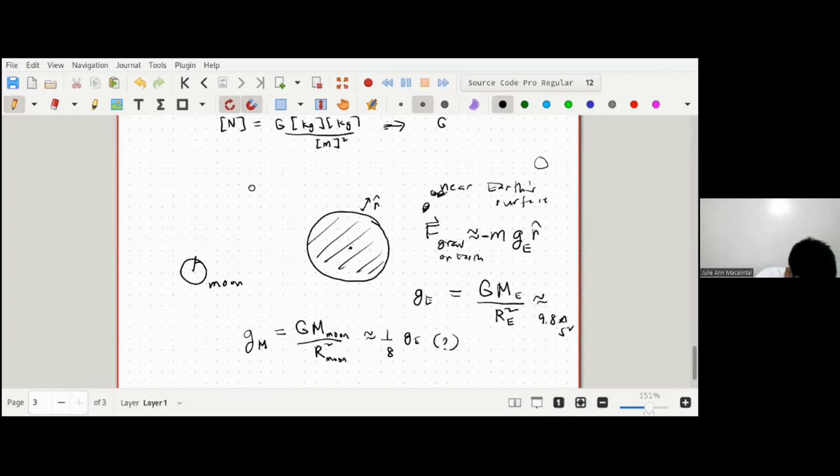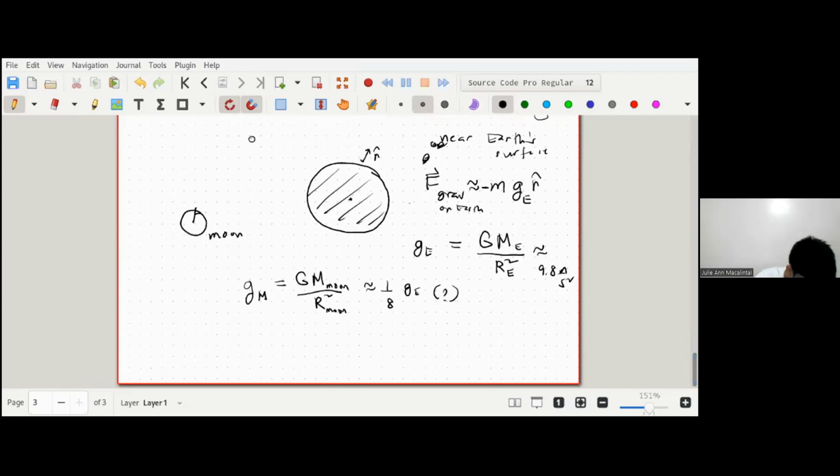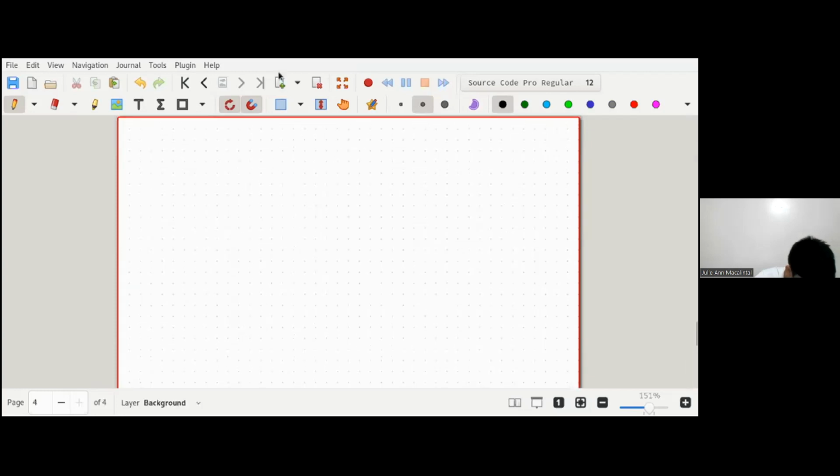So all objects on the surface of the Earth, or near the surface of the Earth, approximately experience the same gravitational force, which is due to the whole Earth. So that's one. So we have gravitational force.